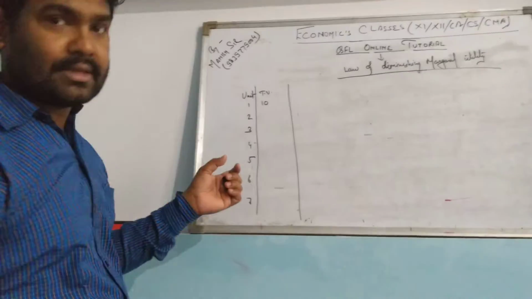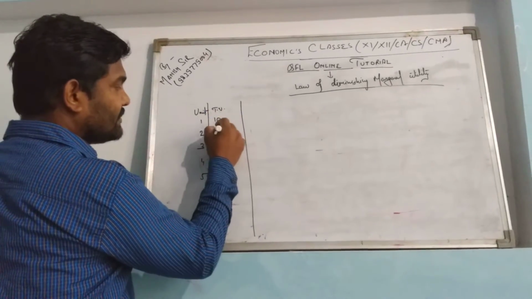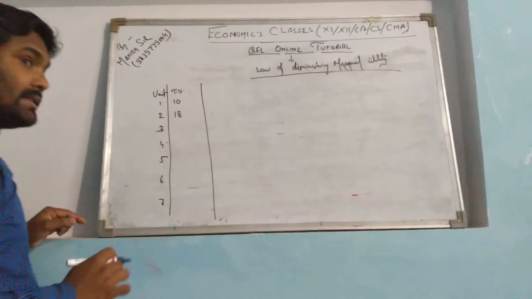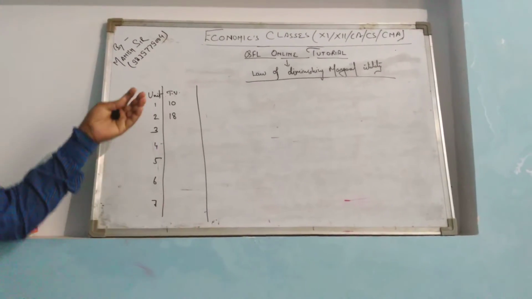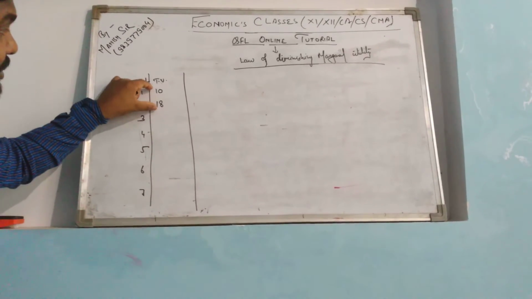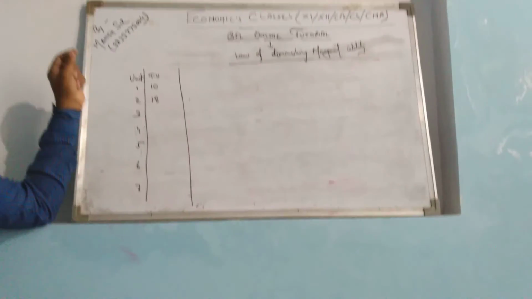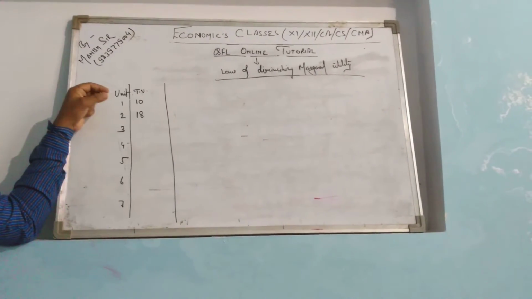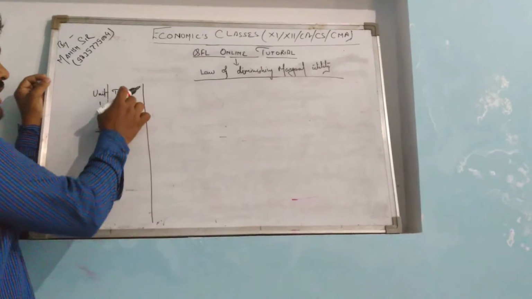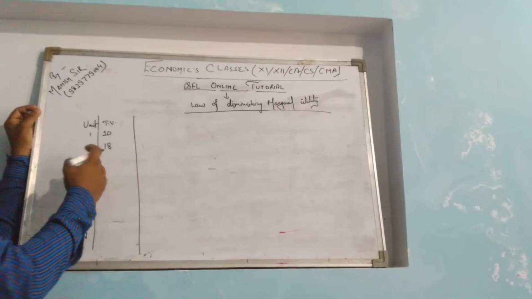And we are assuming TU as, suppose when we are consuming the first unit of a commodity, we are getting 10 utils. Okay? When we consume the second, we get 18. Total utility increases. Level of satisfaction falls means our total utility is increasing, but change in utility is falling. कि सर हमारा total utility घट कैसे रहा है, कैसे हम बताएंगे? तो देखिए, हमारा total utility तो बढ़ रहा है 10 से 18, बट जो change है वो कितने का है? 8. अगर बढ़ता तो 10 का कितना होता? 21, 22.